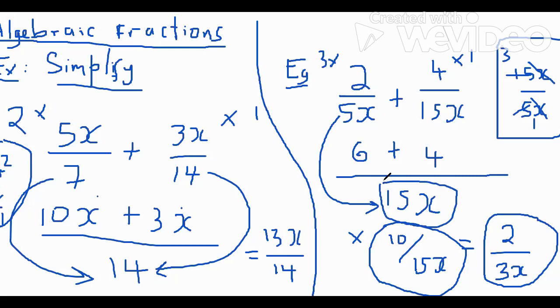Because it's the lowest common multiple, you have to use the 15. You can't multiply both of them, don't multiply them.